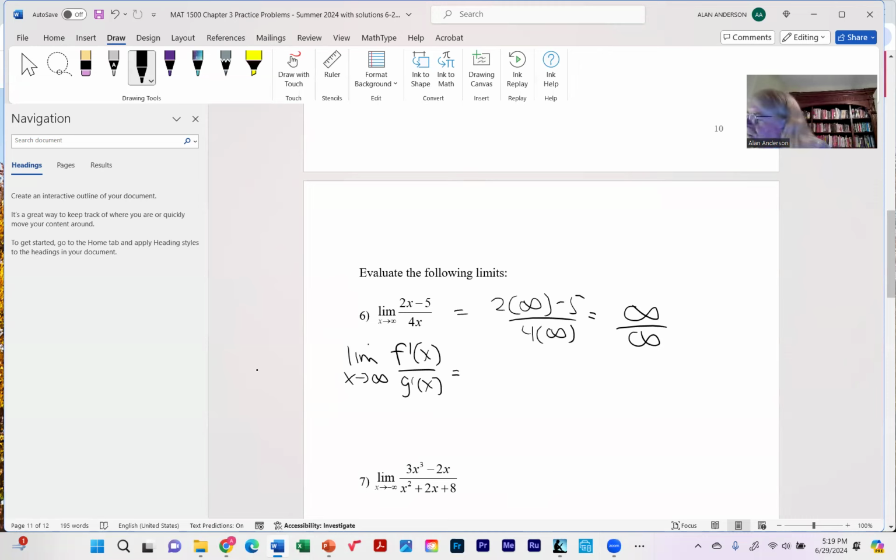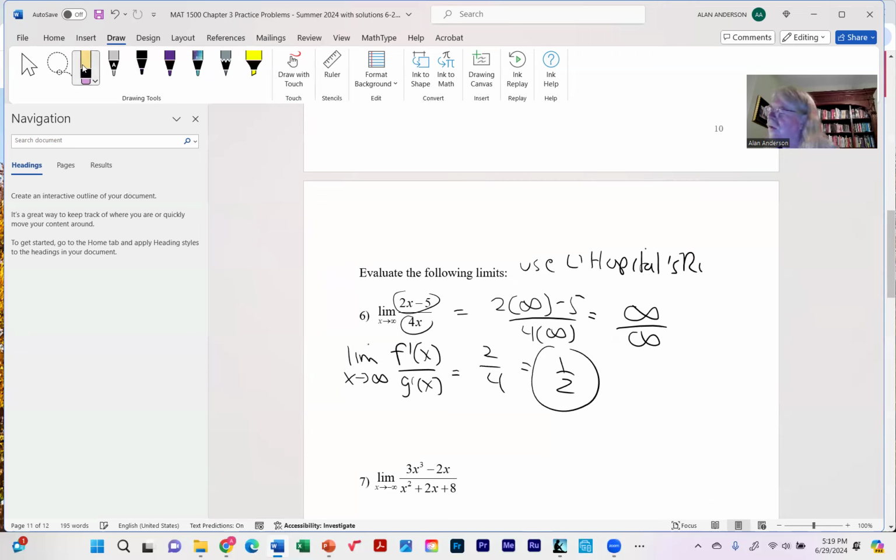So here you can see this is working out well because the derivative of 2x minus 5 is just 2, and this derivative is just 4. So it's just a half. You can see why L'Hopital's rule is really a very hopeful result because it can save us a lot of grief with some of these horribly complicated limits.